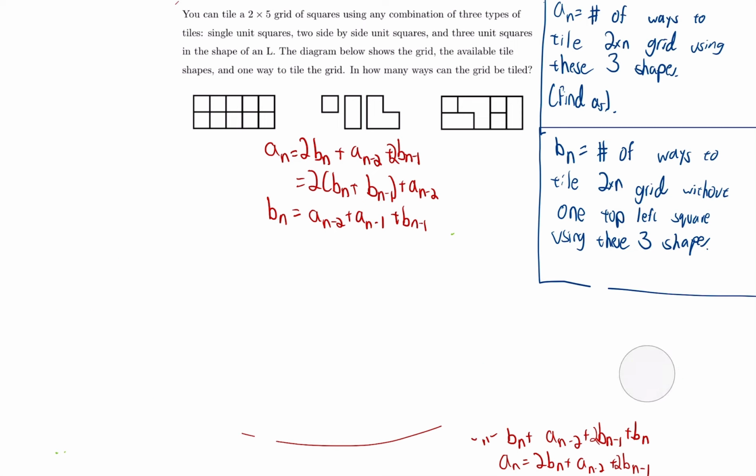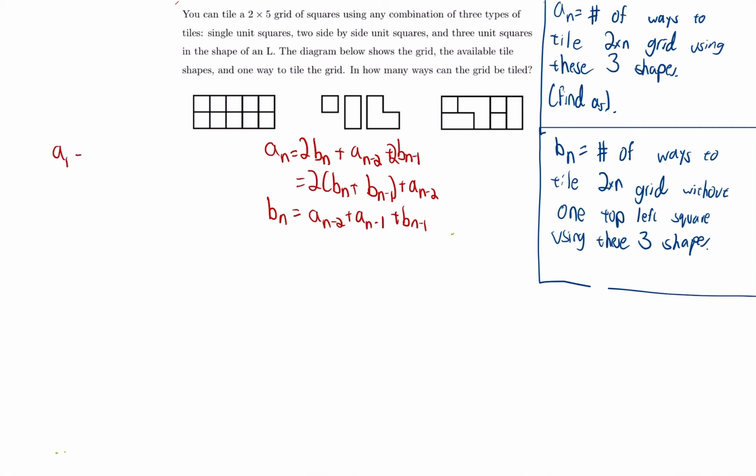So let's quickly make some base cases. Obviously, a of 1 is equal to 2. There are 2 ways to tile a 1 by 2: you have them separately, or you have it together. So let's make a table with a of n and b of n for n equal to 1, 2, 3, 4, 5.